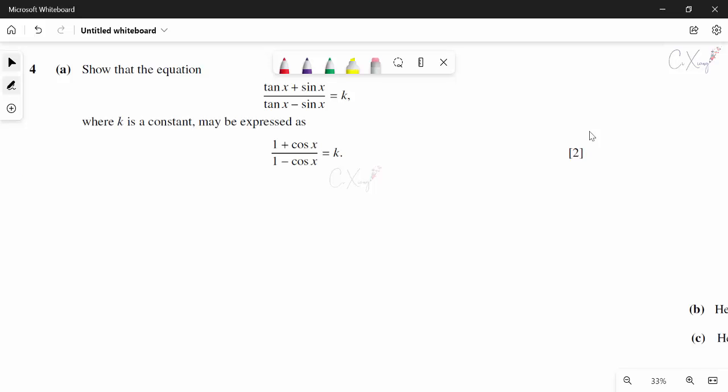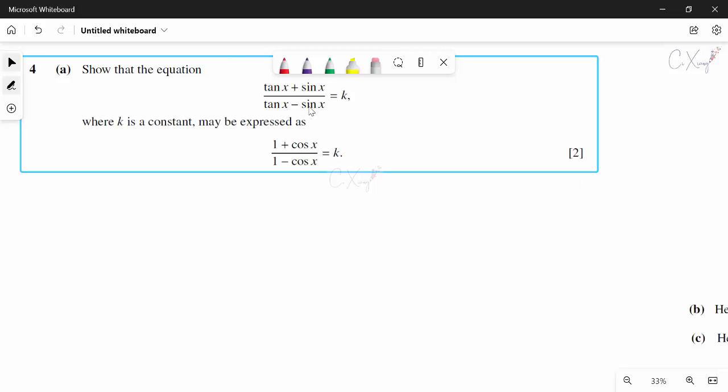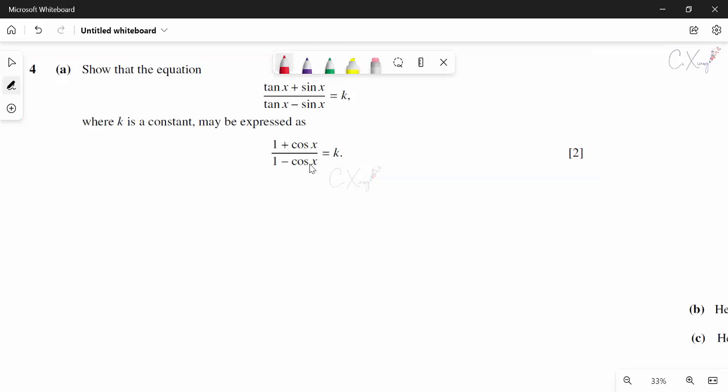Okay, so question number 4. They want us to show that this equation can be expressed into this form. All right, so maybe we can start from what we have here. So tangent plus sine divided by tangent minus sine equals to k.